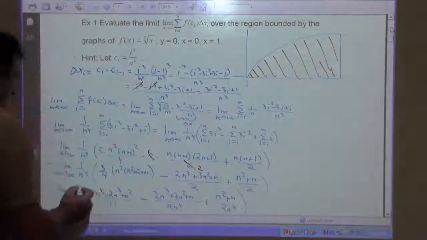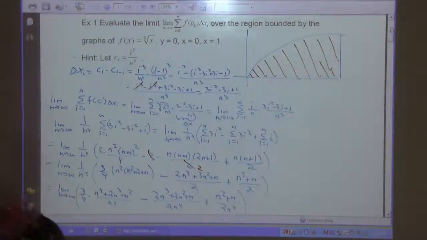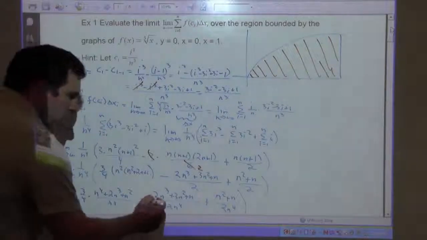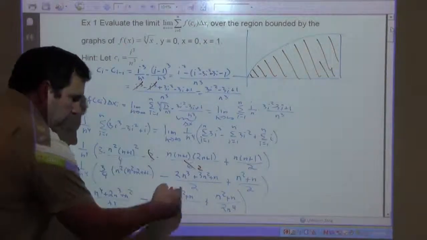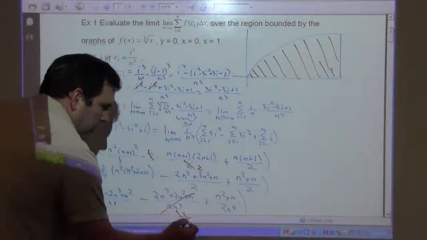Now in each of these cases, except for the very first case, we have a greater power in the denominator than the numerator, so n cubed over n to the 4th, n squared over n to the 4th, n over n to the 4th, this whole thing goes to 0.